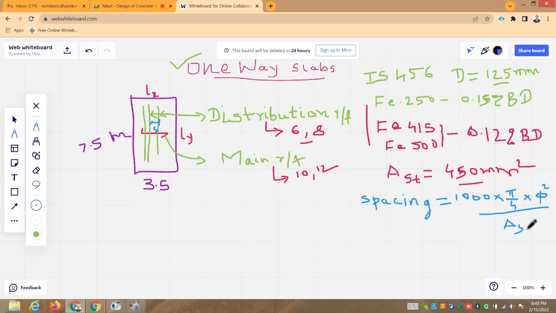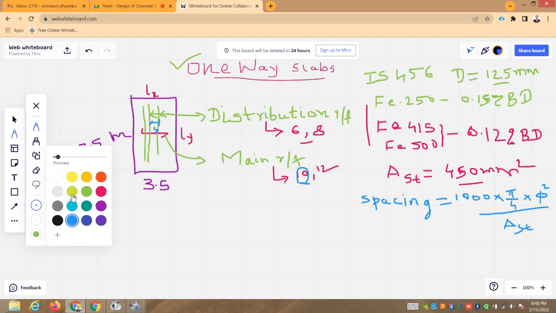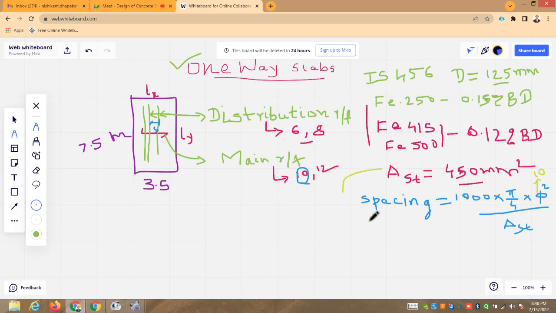Now simply you decide, suppose you are providing 10 millimeters dia bars as main reinforcement, then you substitute the diameter as 10 millimeters, and AST you know is 450 millimeters square.